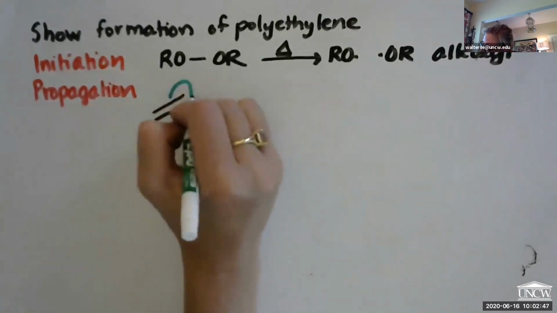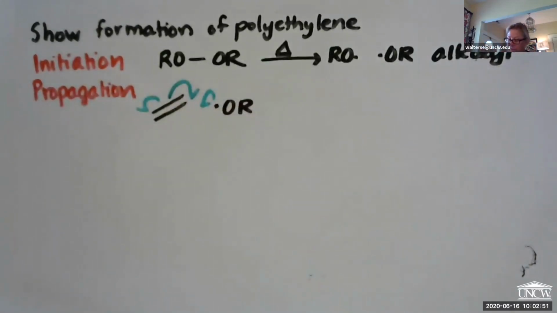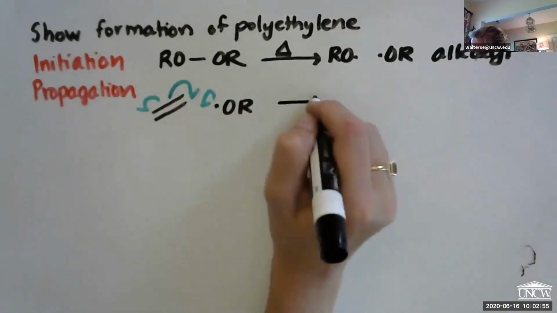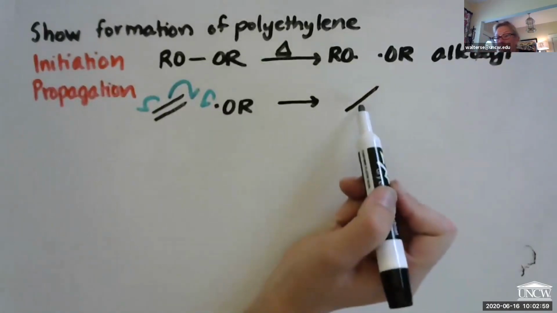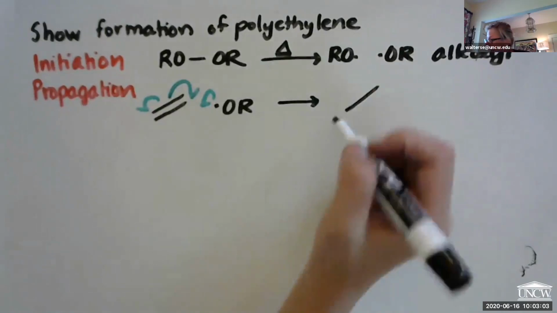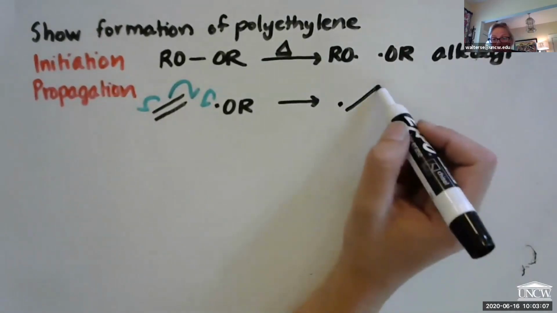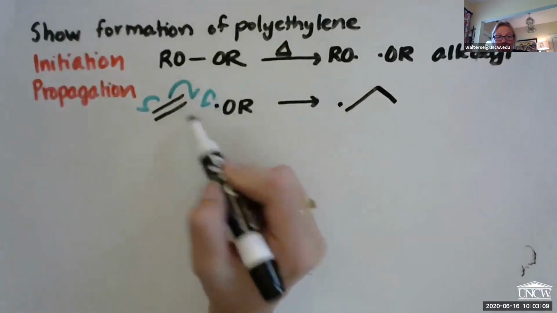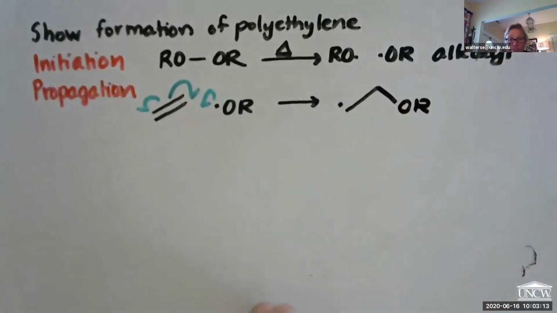We're going to form a bond and generate a new radical. So this part here is the sigma bond that's left over from the ethylene. The radical's on that far carbon, and we have a new bond formed here between carbon and the alkoxyl radical.